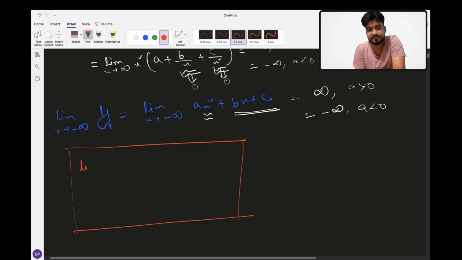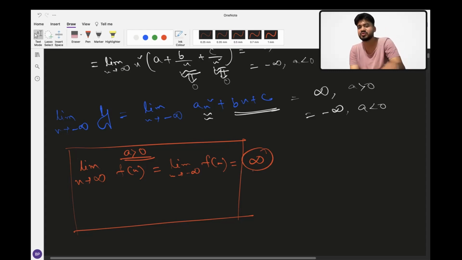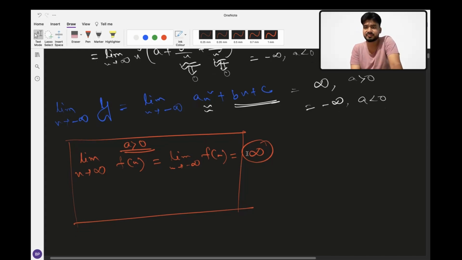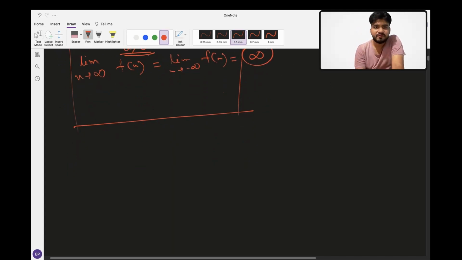Okay. So we have understood some points: when a is positive, limit x tends to infinity f(x) or limit x tends to minus infinity f(x), that means when the value of x is very high or very small, the value of y tends to infinity. Yes or no? So, if you want to plot this in the graph, what can we say?